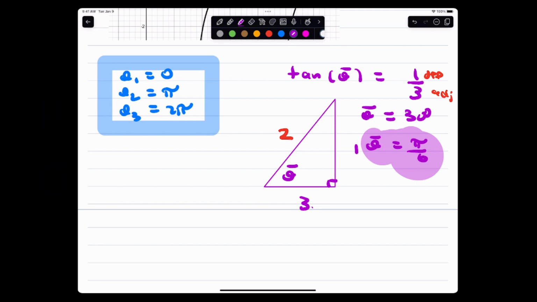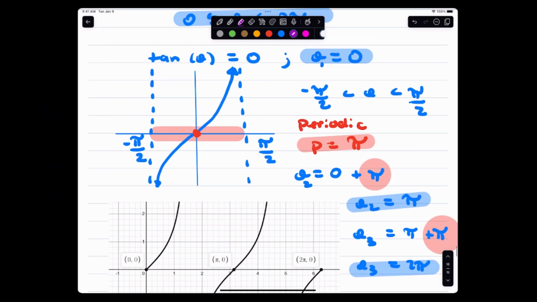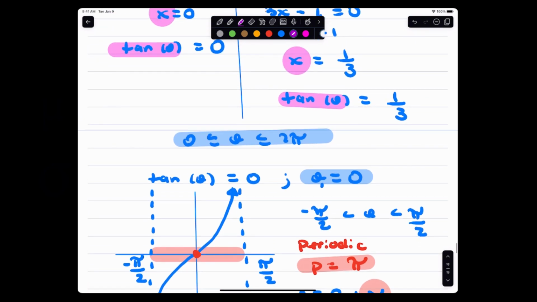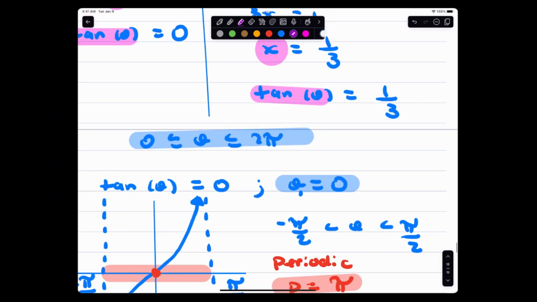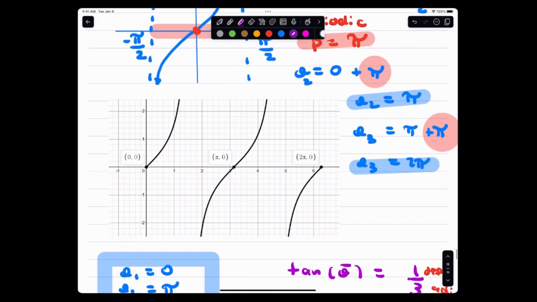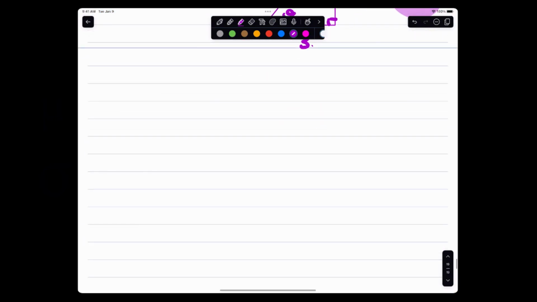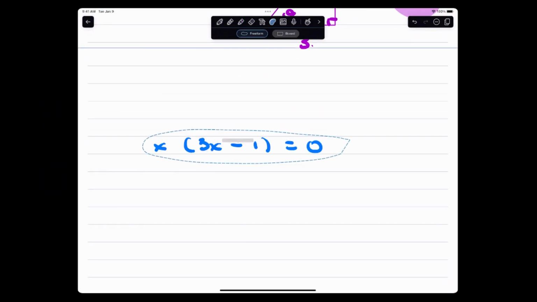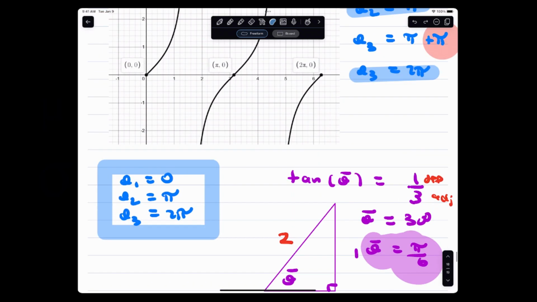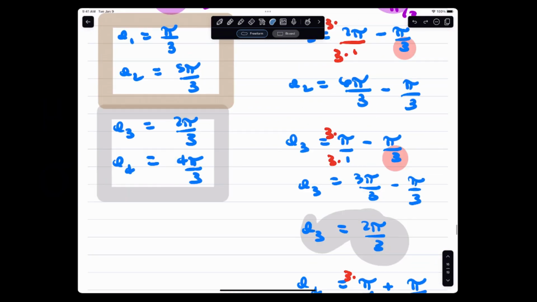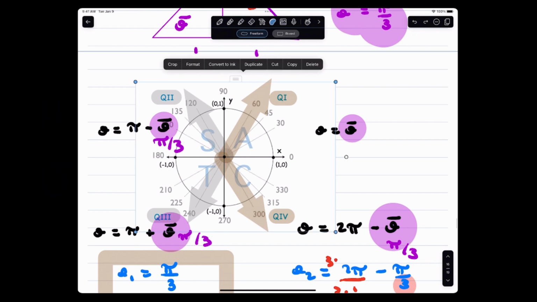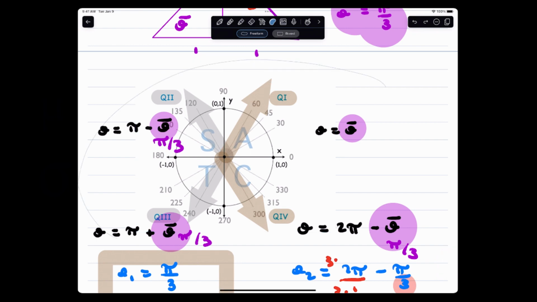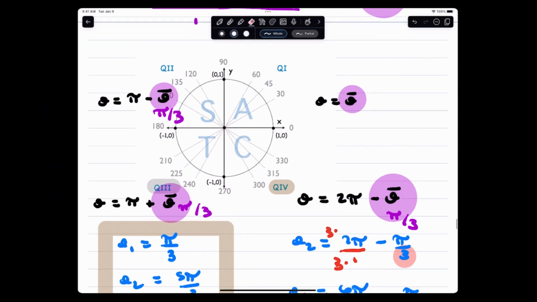So, ladies and gentlemen, tangent's positive. We're dealing with the phrase that tangent theta is what? Root 3 over 3. So tangent theta is root 3 over 3. Okay, it's positive. I guess I'm going to have to go back. All students take calculus. I'm going to erase this. How's that? Where's tangent? Now we're dealing with tangent. Where is tangent going to be positive?